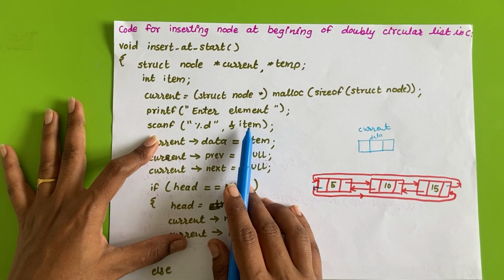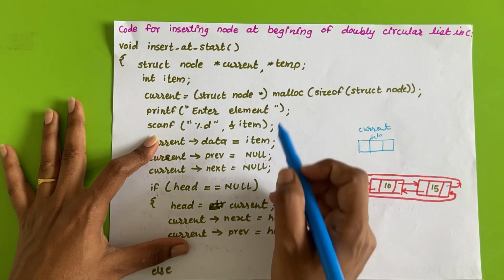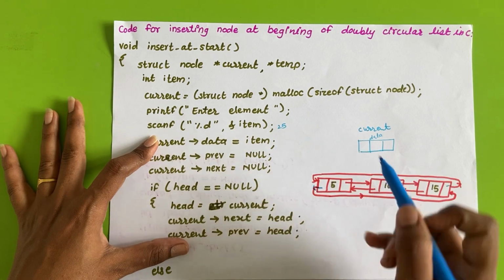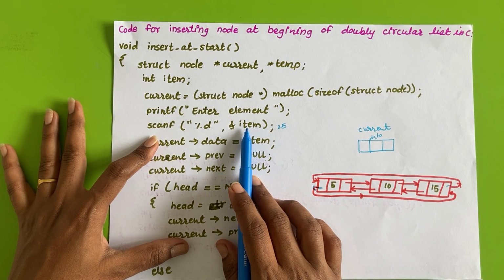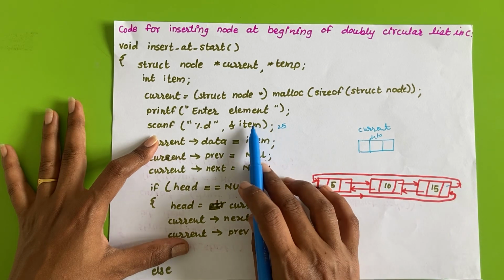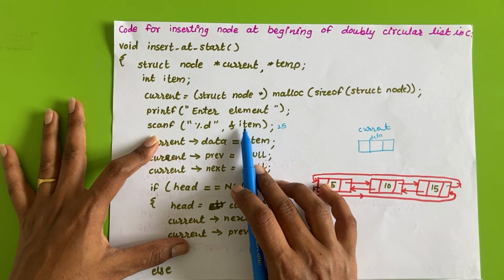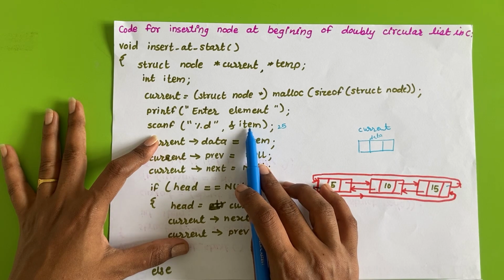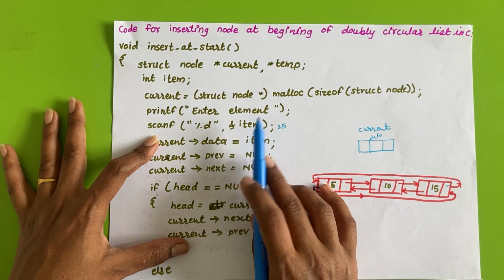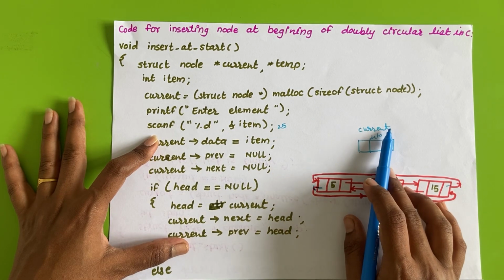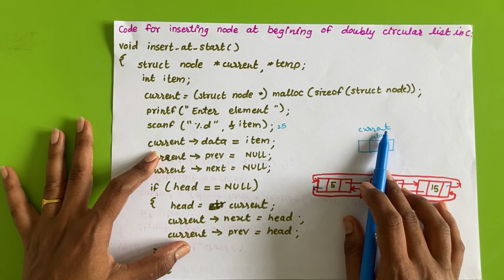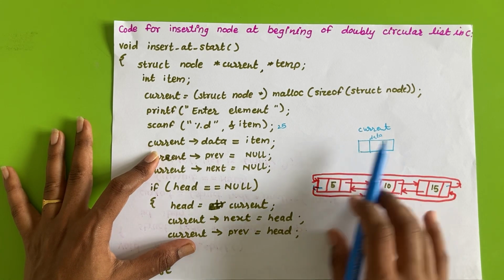So the user will add, suppose, the value 25 in the item variable. Okay, so now this value is present in the item variable. We have to copy the value of the item variable into the data part of this current node. Okay, so I'll make some assignments over here.